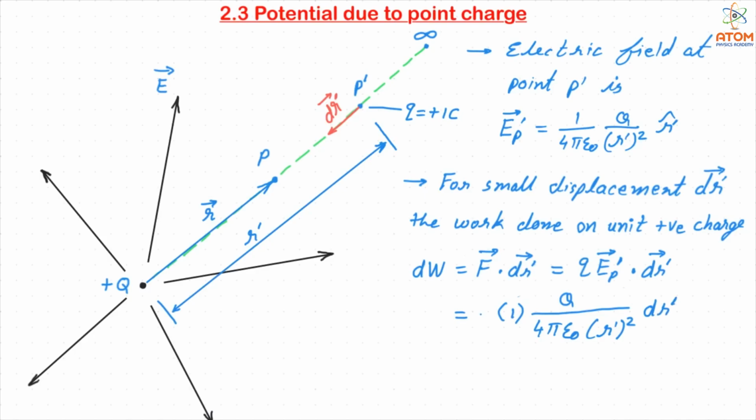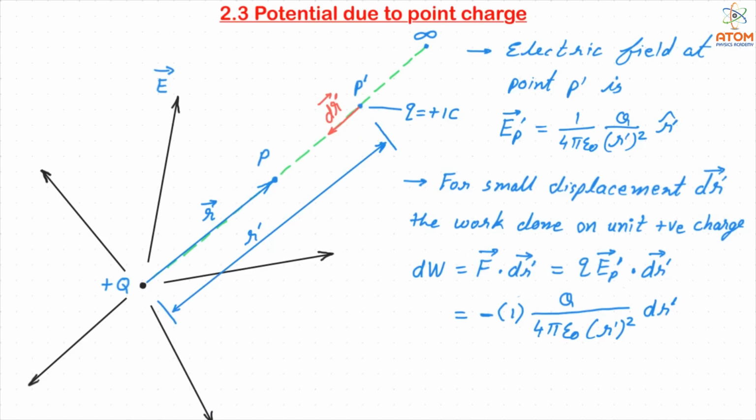Here I should put a minus sign. The reason is simple. See, the electric field EP dash is radially outward at point P dash, whereas the displacement dr dash is radially inward at this point. So obviously this work will become negative, or in another way I can say, here is a dot product, and in this dot product the vectors EP dash and dr dash are in opposite directions.